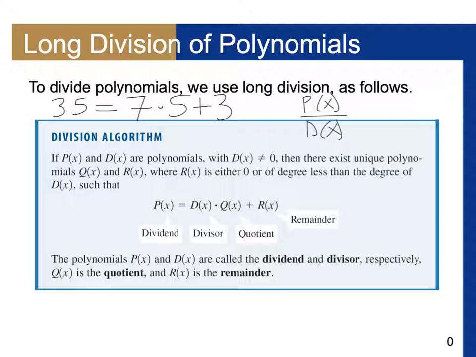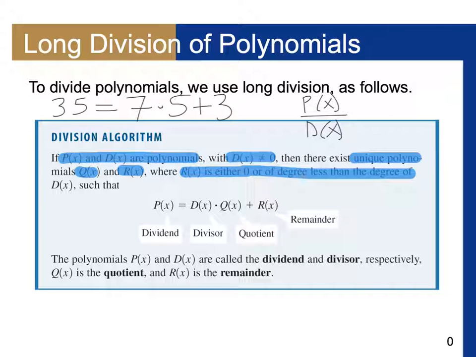Just to summarize here, if p of x and d of x are polynomials, and d of x is not equal to 0 because we're going to divide, we can't divide by 0, then there are unique polynomials q of x, which is our quotient, and r of x, which is our remainder, where r of x is either 0, or if it's not 0, it's of degree less than the degree of the divisor.